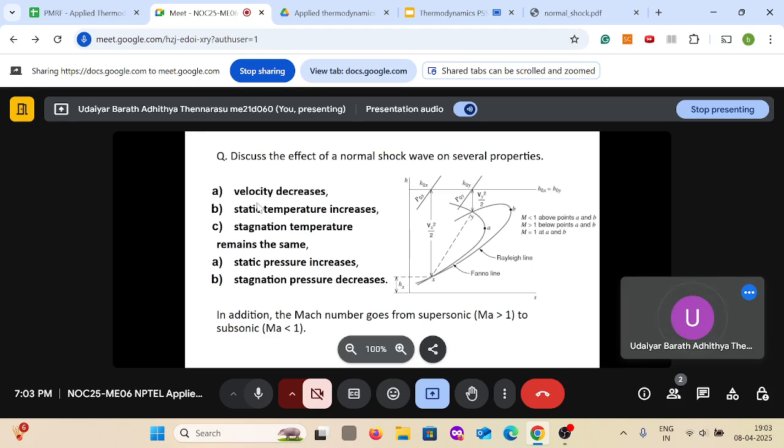And pressure is also increasing; if velocity is decreasing, pressure increases. The stagnation temperature will remain the same, because the stagnation enthalpy remains the same, but the stagnation pressure will decrease.